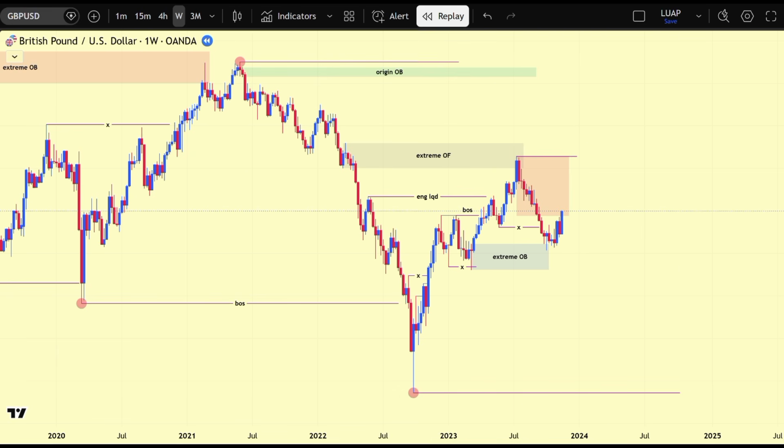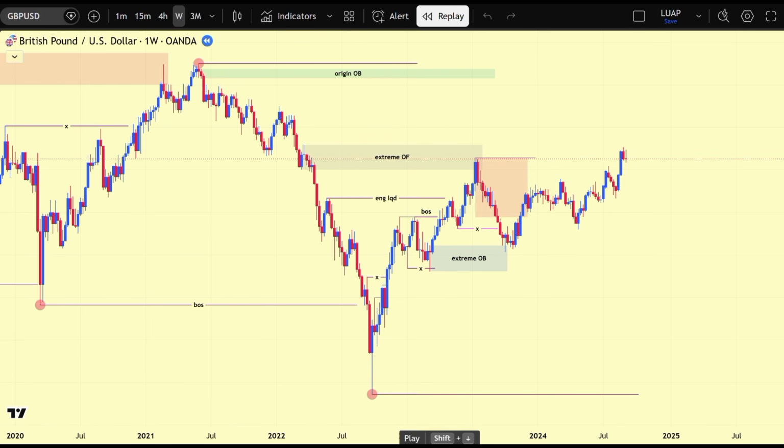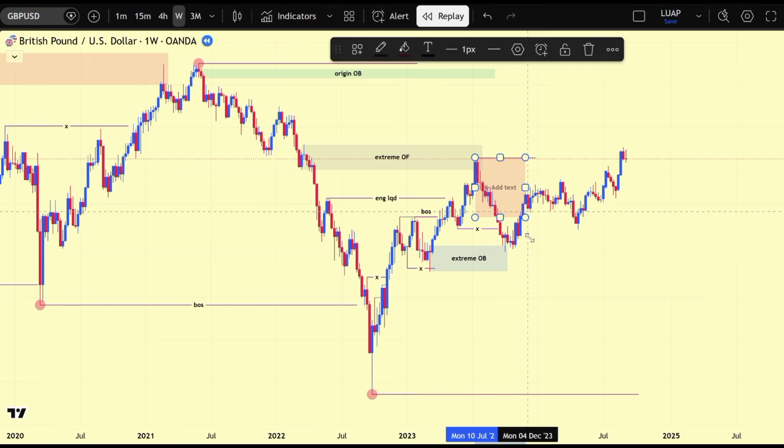Okay, so if I continue running price, let me make this fast, exactly right here we can clearly see that after running, price failed this area and respected the internal structure.